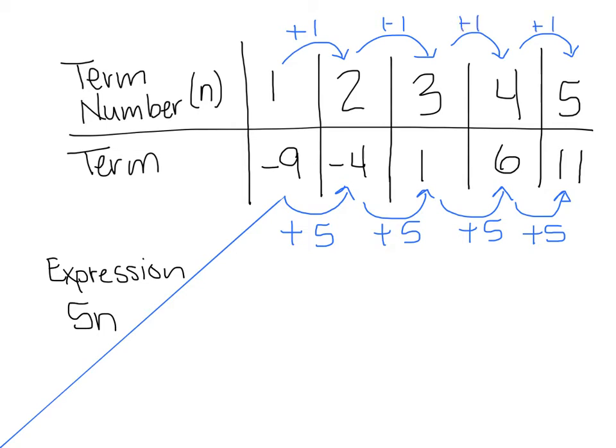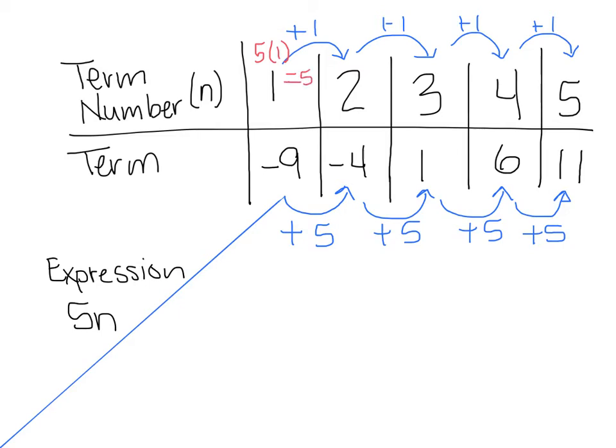Okay, so let's test it out. If my expression is correct, when I multiply 5 times the term number, I should get -9. But 5 times 1 is only 5.